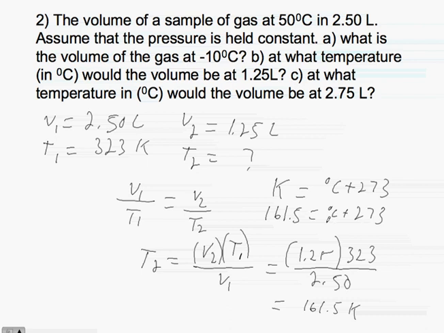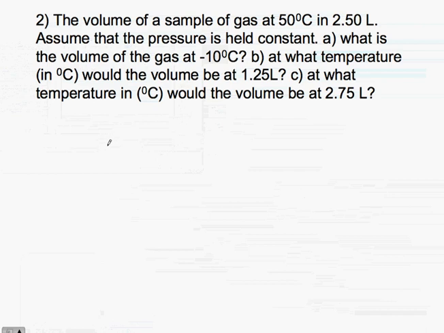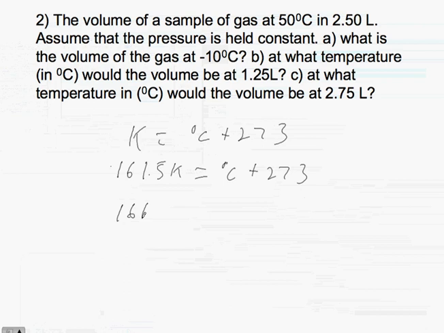I subtract 273 from both sides, so 161.5 minus 273 equals my degrees Celsius, which is negative 111.5 degrees Celsius. Okay, so that's how we would finish off that question.